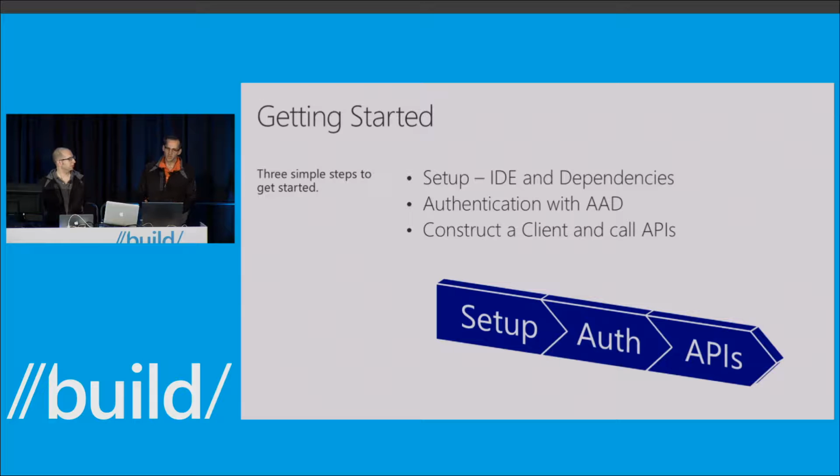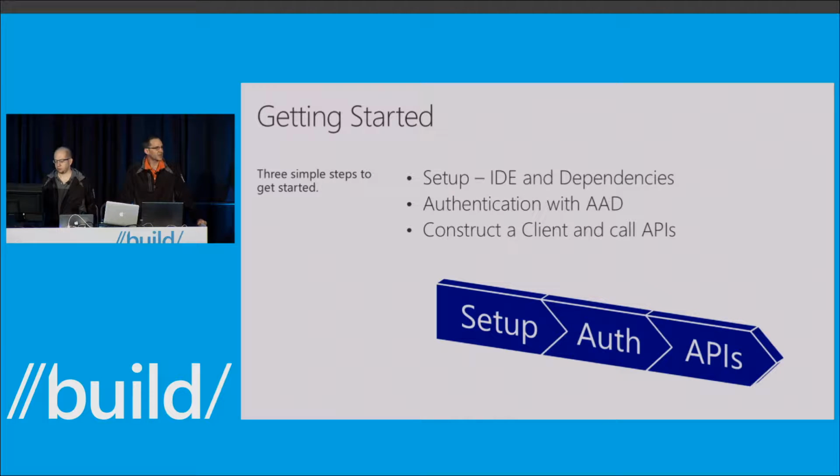Here, you're going to set up your IDEs, and you're going to register your different dependencies on the various libraries you need to do things like authenticate or to call the Office 365 APIs. After that, we're going to call step 2 authentication with Azure Active Directory, or as Josh mentioned, Live ID works as well. And here, you're basically hooking up your auth.